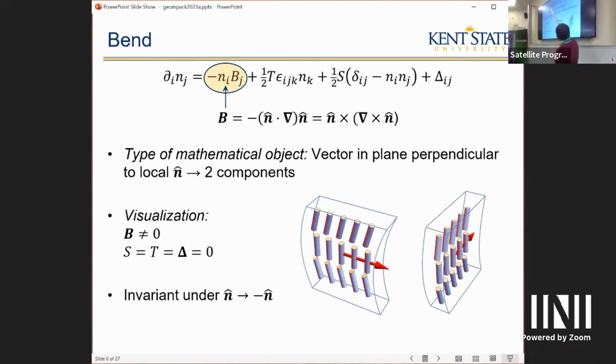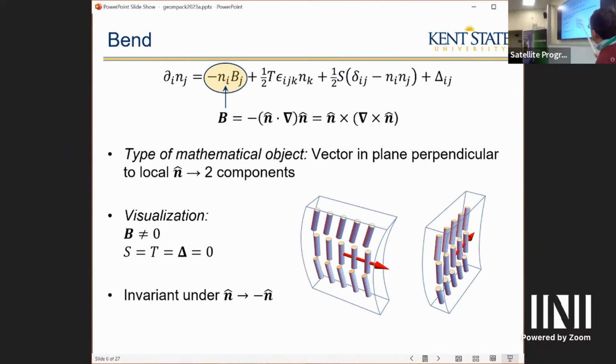It can be represented mathematically as this expression, n cross curl n. This is a visualization. This is like what I was trying to do with my little interpretive dance. And so this is showing a structure that has non-zero local bend, and these other things all 0.